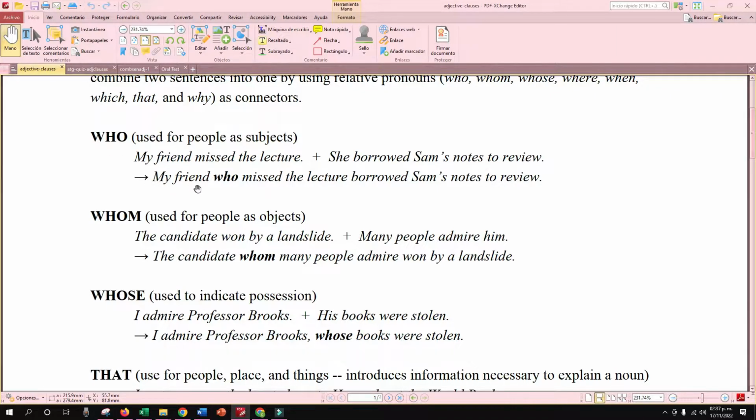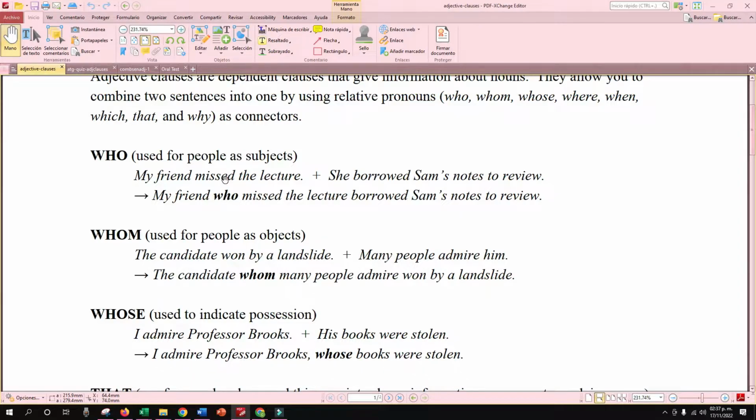So, my friend who missed the lecture borrowed some notes to review. So we're combining both sentences. This is like a dependent clause, and you are adding extra information about my friend, right?